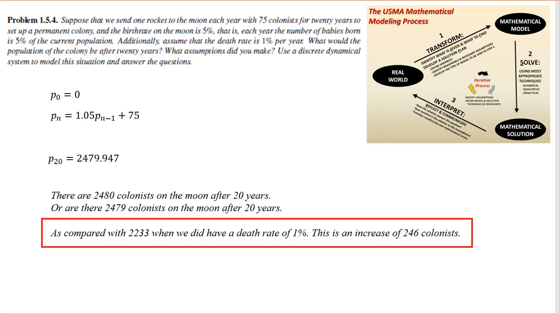Well, an increase of 246 colonists on the moon, is that an additional consideration that we would have to make to house, to clothe, and to feed those colonists living on the moon? An increase of 246 colonists over the course of 20 years could be significant.